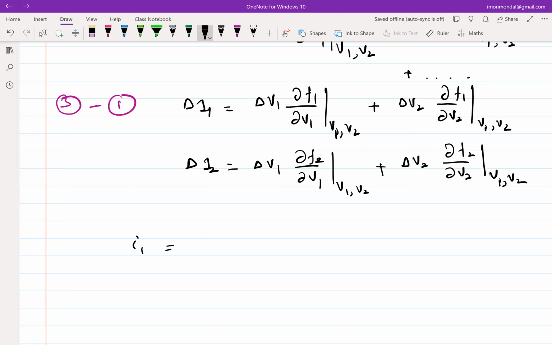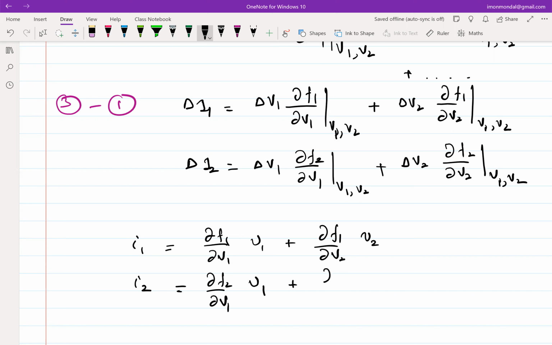So this becomes del I1 equals del F1 over del V1 times v1 plus del F1 over del V2 times v2. Similarly, this becomes del I2 equals del F2 over del V1 times v1 plus del F2 over del V2 times v2.